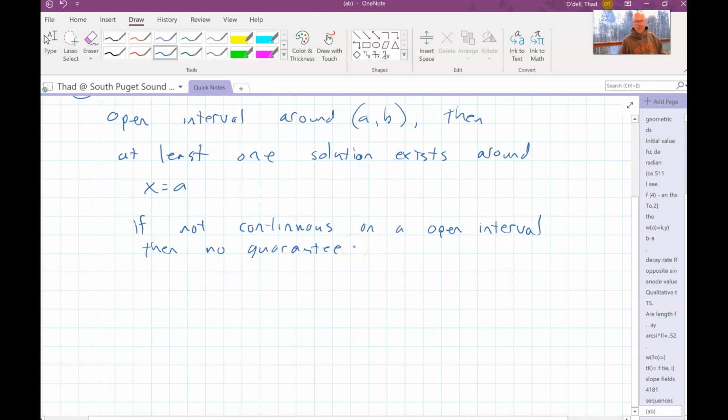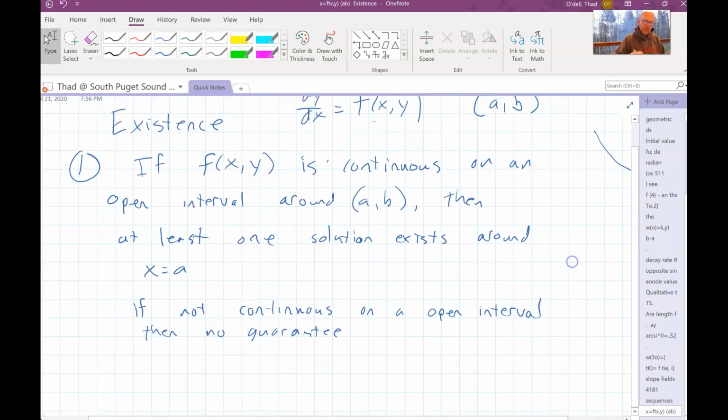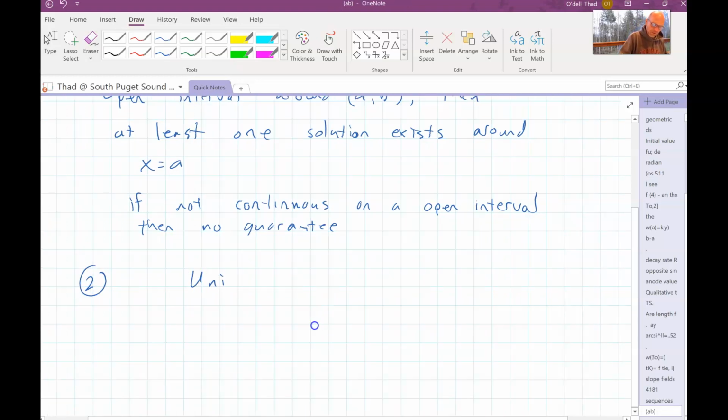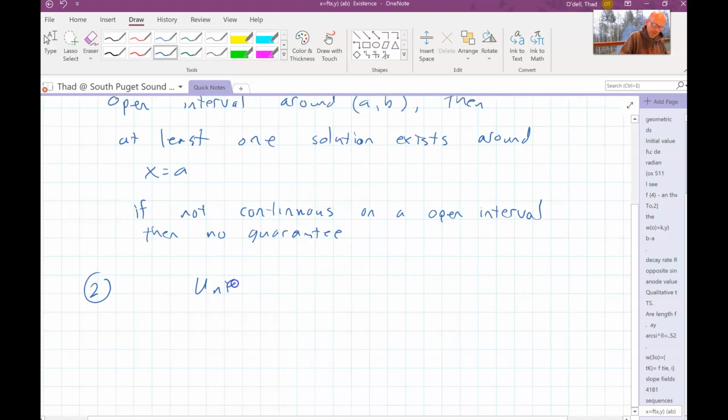Notice it doesn't say that a solution doesn't exist, it just doesn't guarantee us existence. So if it passes the test, that means there's at least one solution. If it doesn't pass the test, then we essentially don't know. There are no guarantees. Okay? So that's the first part of the theorem, existence. The second part is testing for uniqueness.